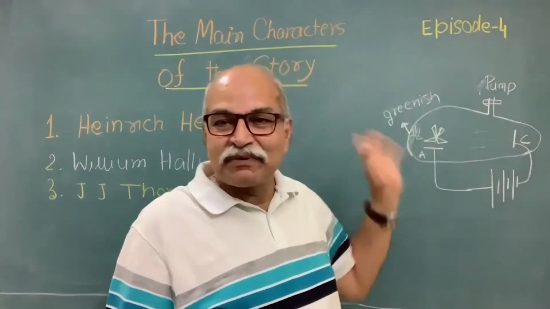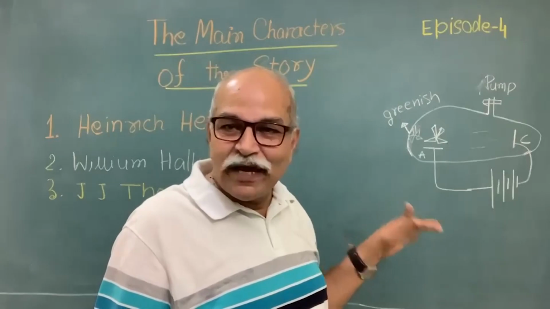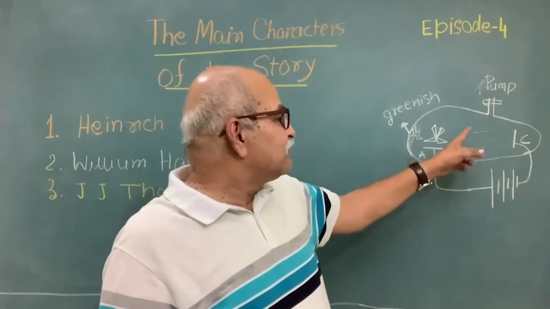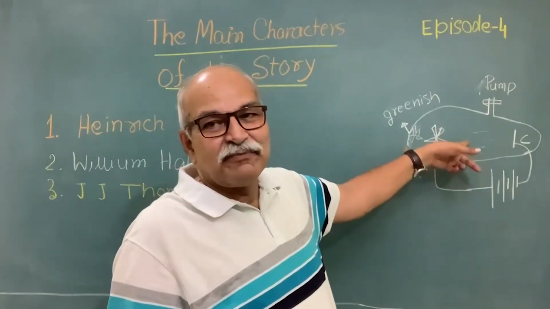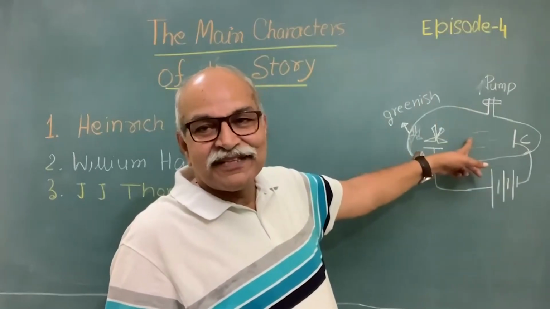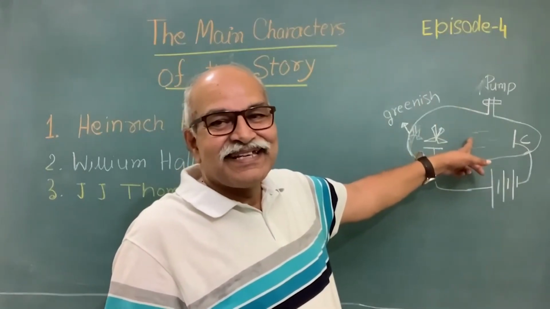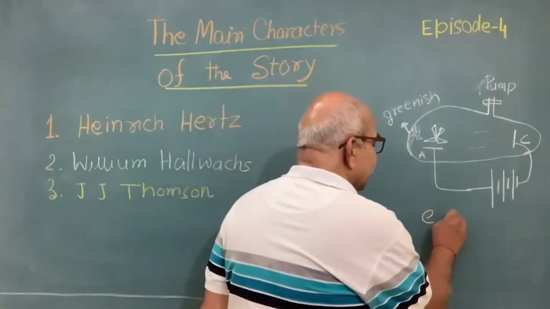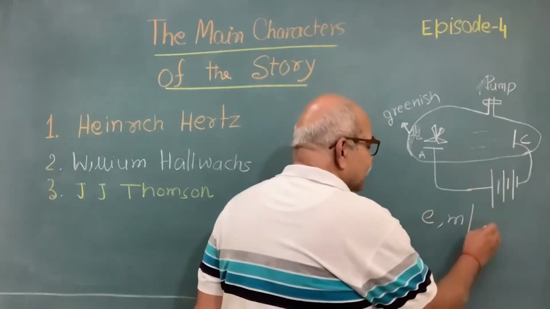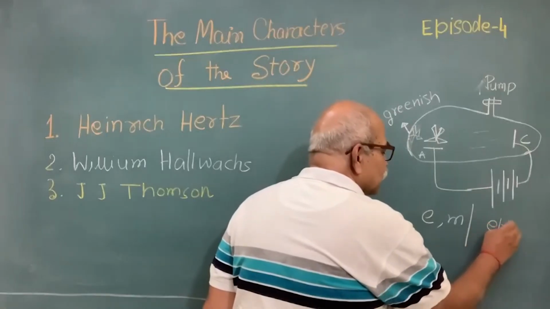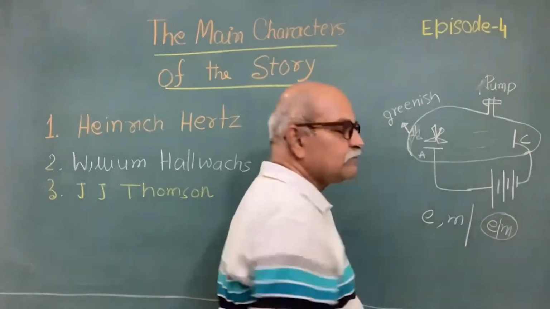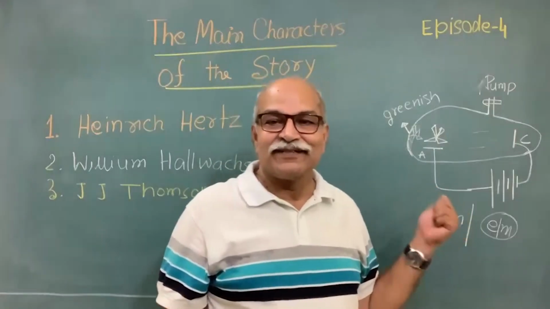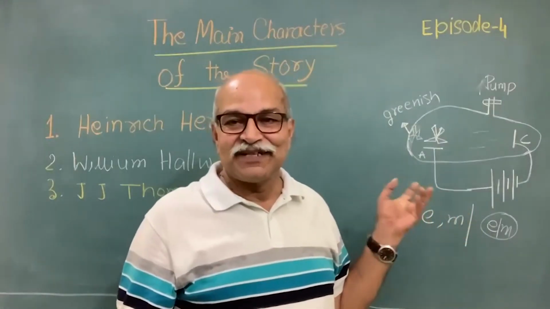So when he reduced the pressure to very low values, he found that it can be deflected by electric field, it can be deflected by magnetic field, and then from the calculations he established that it has certain charge and certain mass, and from that experiment that E by M could be calculated, and that was the characteristic of those corpuscles.